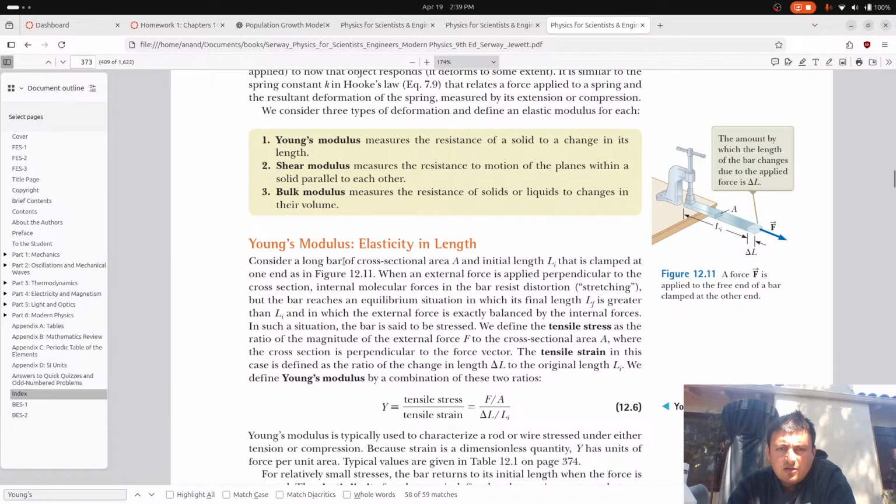Consider a long bar of cross-sectional area A and initial length Li that is clamped at one end. When an external force is applied perpendicular to the cross-section, internal molecular forces in the bar resist distortion or stretching.